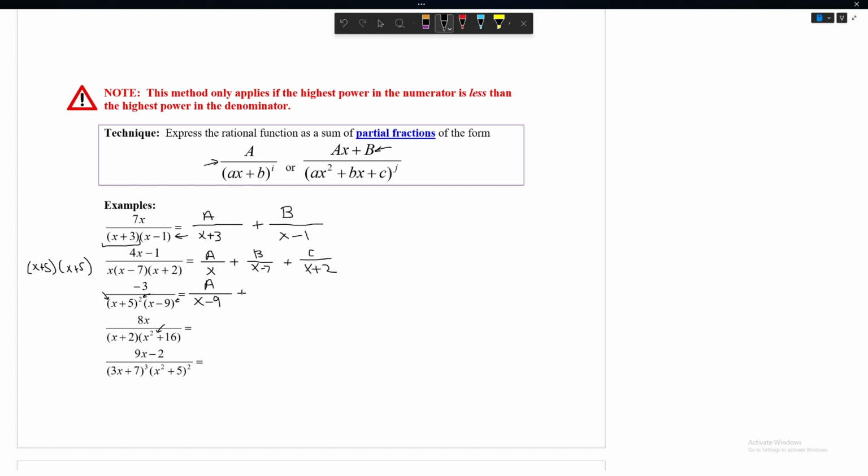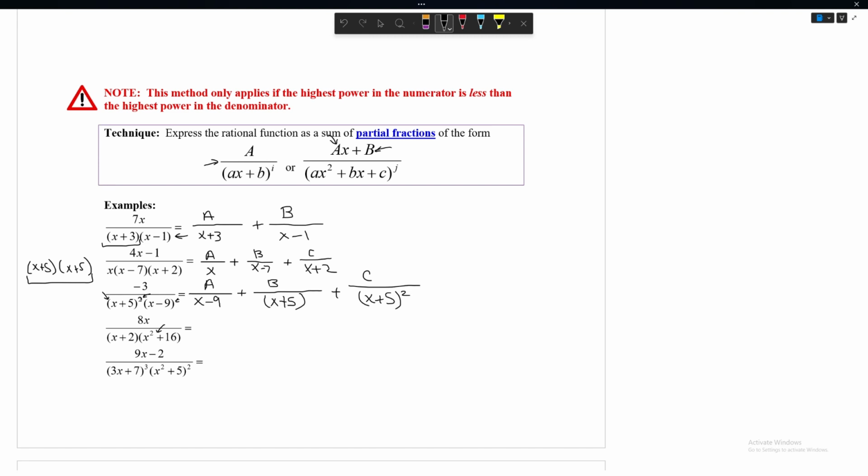And I'll do plus B, and notice I didn't use this format because this is not quadratic. There's still just one x inside, it's just that there are two of them. So you still use just B, over x plus 5. See, so I covered it once. Plus C over x plus 5, and this time it's squared.